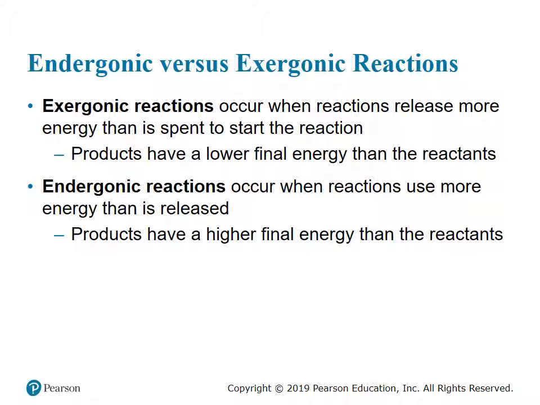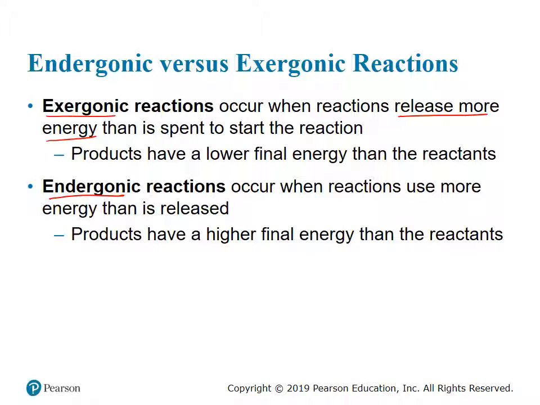Now, when talking about energy, we talk about two forms of reactions based on the energy that's involved. Okay? In an exergonic reaction, that means that the reaction releases more energy than it spent to start with.